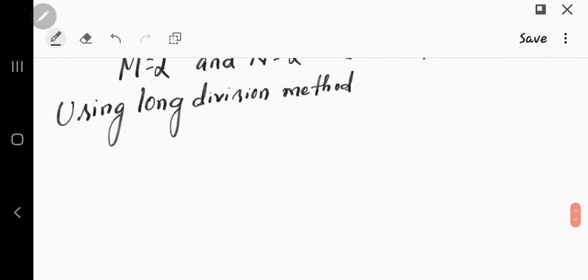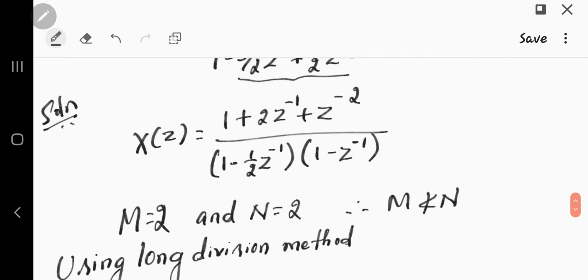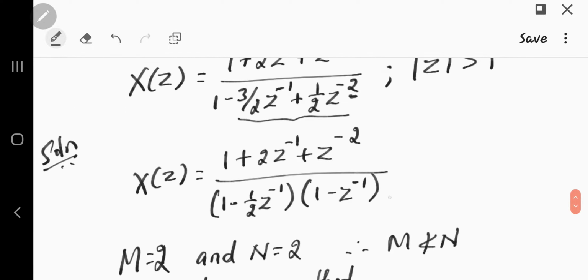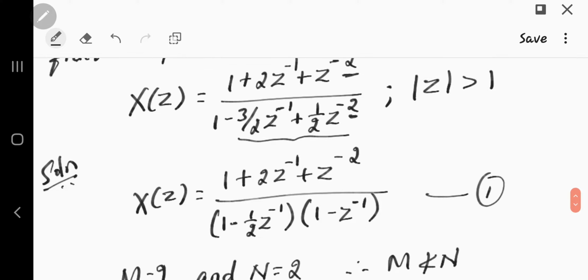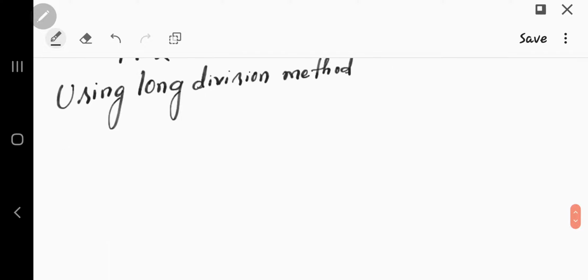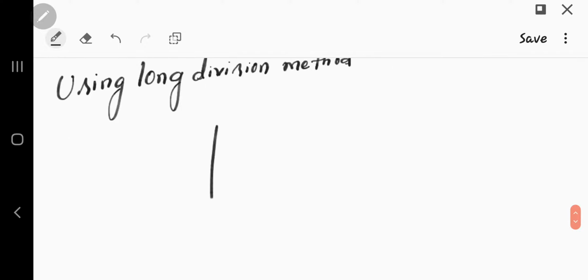Now here you observe the numerator, you don't need to take this one. So you take the one which is given, consider these two terms, and you have to apply the long division method. While writing this, you have to go from high to low power. So higher order power should be written first.